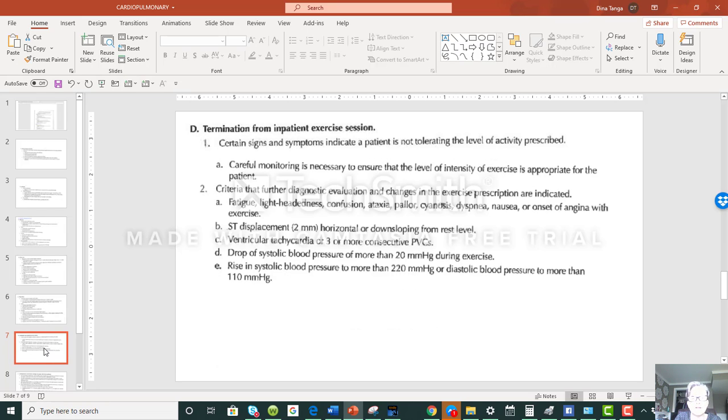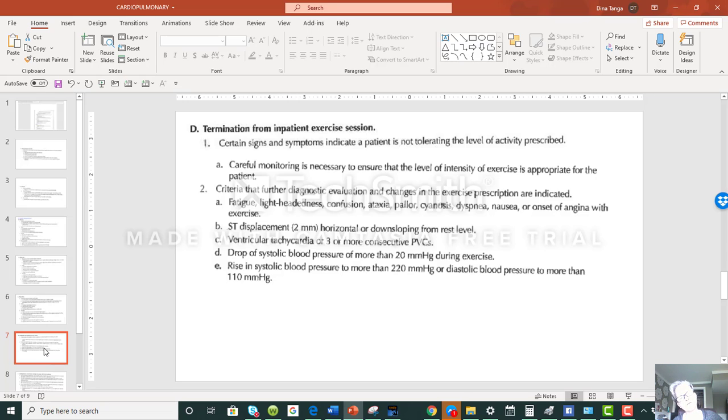Termination of an inpatient exercise session. Certain signs and symptoms indicate a patient is not tolerating the level of activity prescribed. Careful monitoring is necessary to ensure that the level of intensity of exercise is appropriate for the patient.